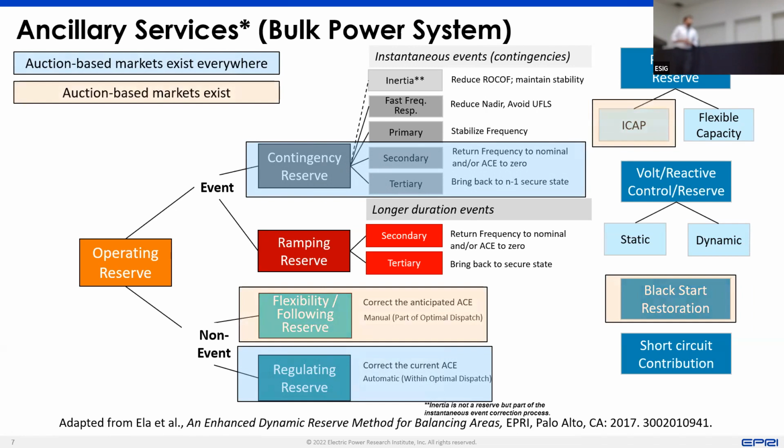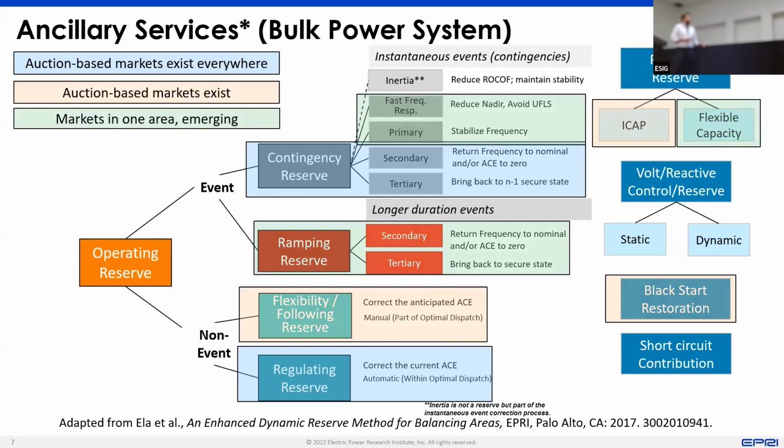And for this next set of boxes, there are competitive auction-based markets in some regions, but not all, maybe several. There might even be some in just one area, maybe a competitive market in one ISO, one market region, and none of the others. It's an emerging way of compensating and allocating costs for these types of services.